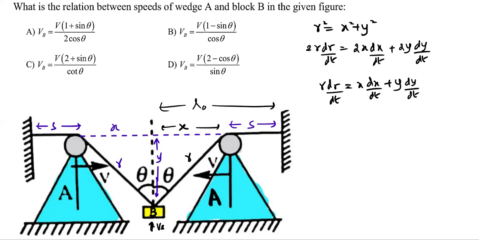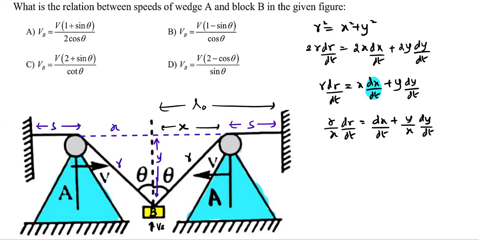So this should become equal to, now what is the velocity v? dx by dt should be equal to v. This is something very important. So the next part will be r by x, dy by dt.